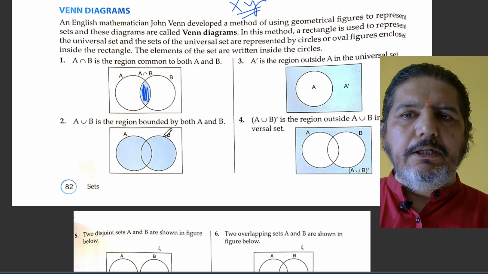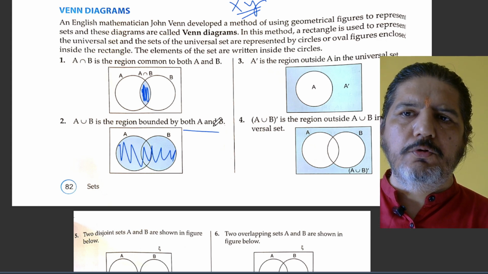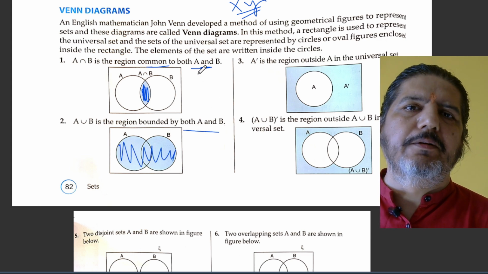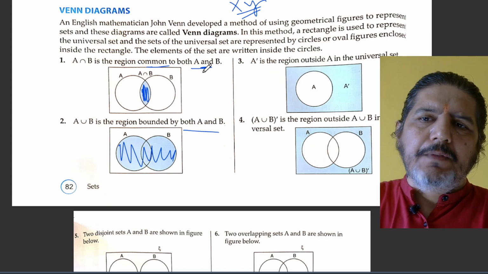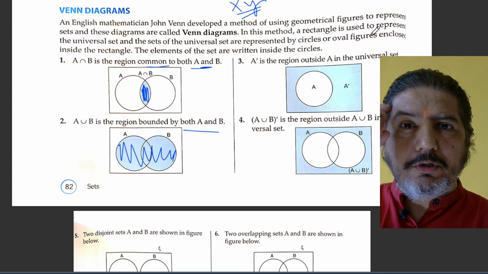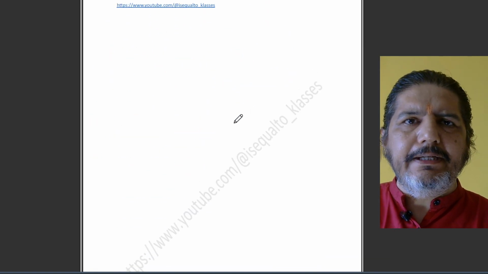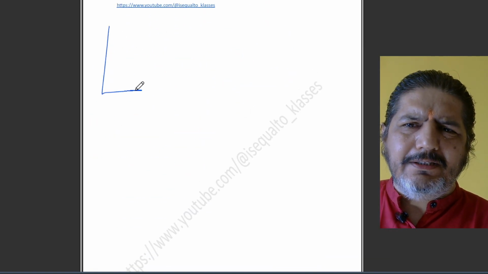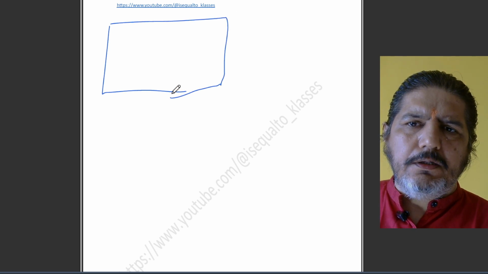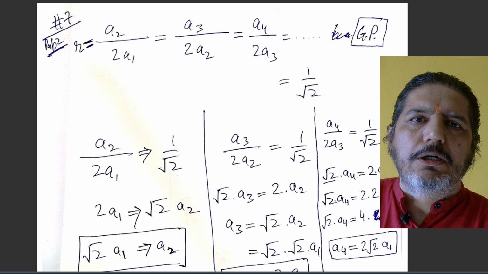A union B is both A and B. Intersection is common to A and B. These are the simplest. I think more or less everybody understands that. Now we'll go to something a bit more complicated. The whole of Venn diagrams is a pretty easy concept to understand. The concepts are not very difficult, but the first time you might face some difficulty.